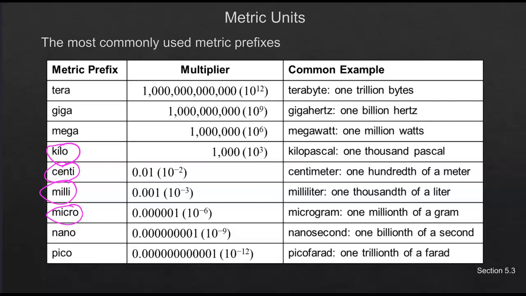And so micro often has to do with some measurement with medication or something. And then some of these other ones too, like a terabyte, gigahertz, megawatt. You've heard of some of these things, but we don't always deal with them a whole lot because we know the terminology, but we don't use metric measurement much in our country.